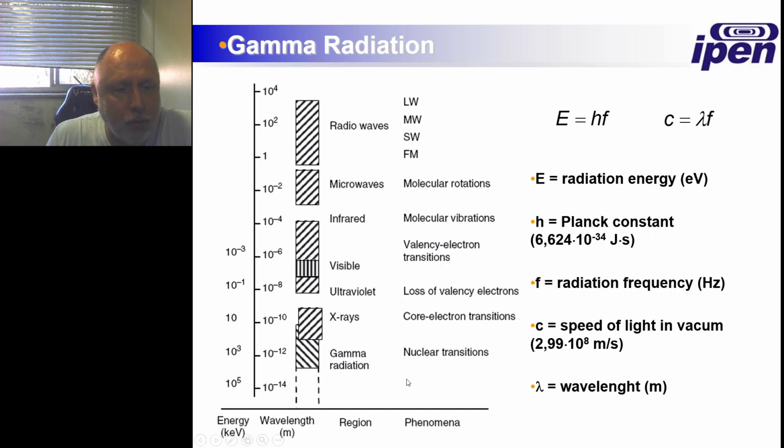And you have gamma radiation, which has to do with nuclear transitions. Now you may notice there's an overlap here between X-rays and gamma radiation. This is tricky because high energy X-rays can reach up to 100 kilo electron volts or more, and gamma radiation is typically of millions of electron volts, but you have very low energy gamma rays from 4 or 5 kilo electron volts up.